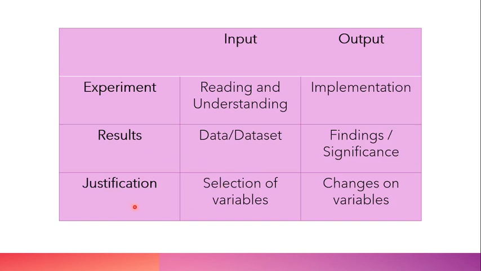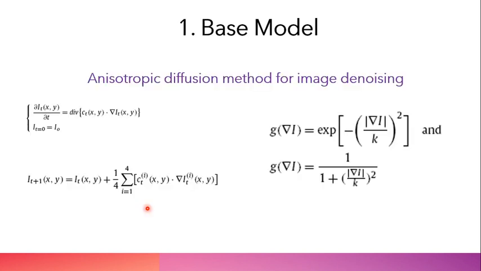Finally, justification. The justification input will be selection of variables, and the output will be changes on variables. Because in the proposed method, these three elements will be playing a vital role: experiment, results, and justification of the proposed method. So I am again explaining this table here.